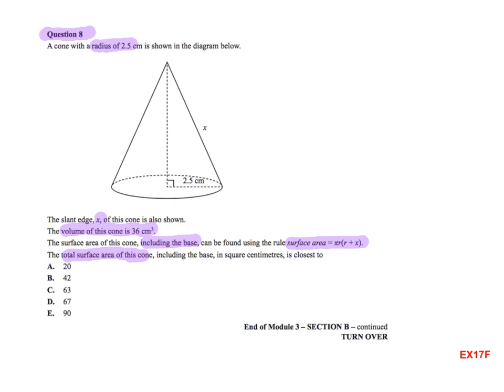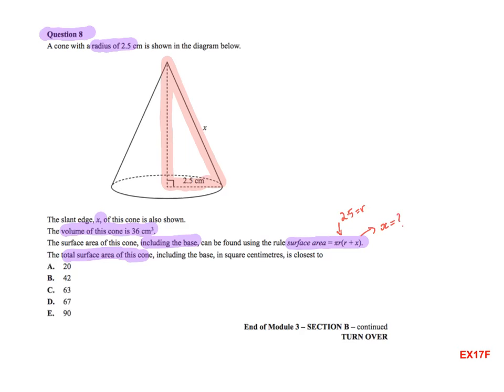We need to find R. So what's the R? Because we need that for the formula. 2.5. Good. So 2.5 is R. But we also need to know what X is, don't we? So we can complete that. So if I come up here and I look at this, can you see that I have a right angle triangle there? Yeah?